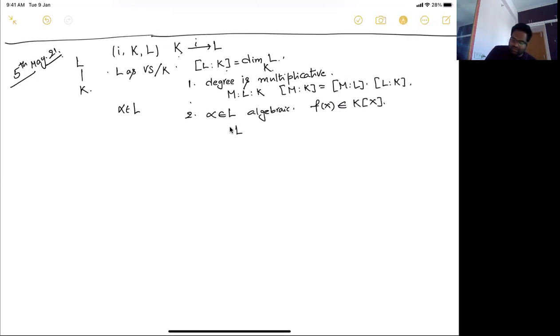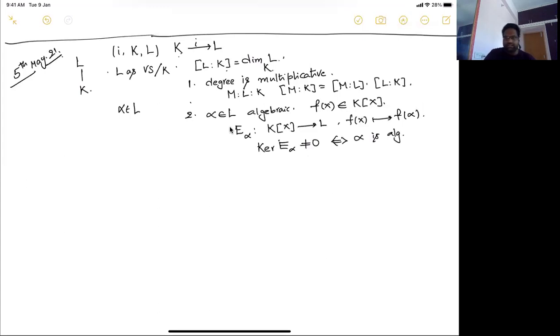In particular, we recast this definition in terms of the evaluation homomorphism E alpha from K bracket x to L, where f of x is sent to f of alpha. And we say that alpha is algebraic if the kernel of E alpha is not zero. Otherwise, it is said to be transcendental.